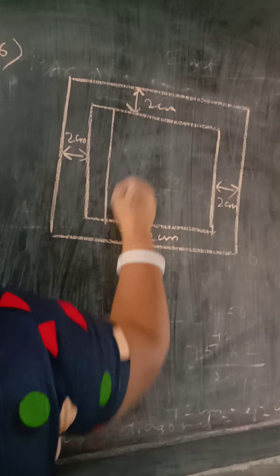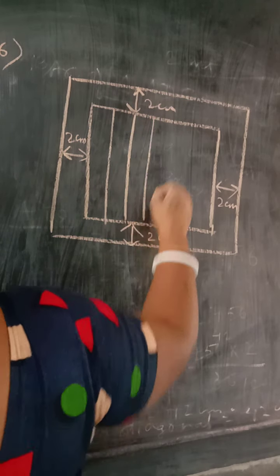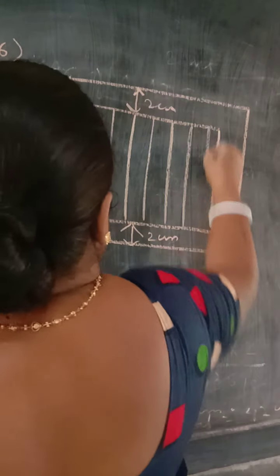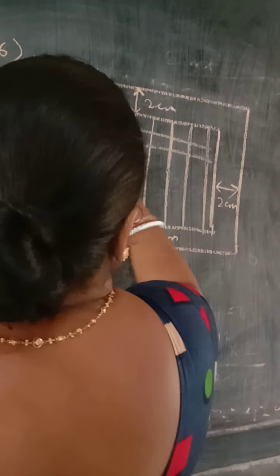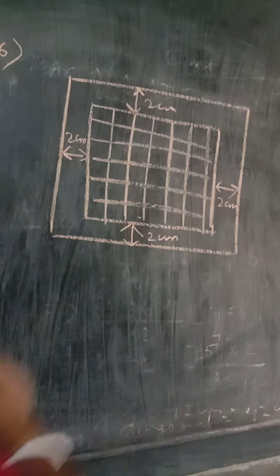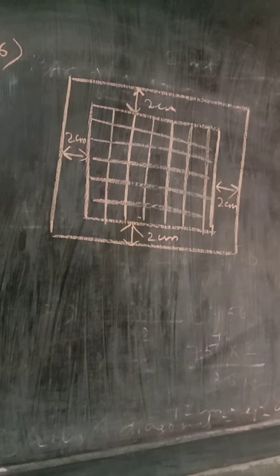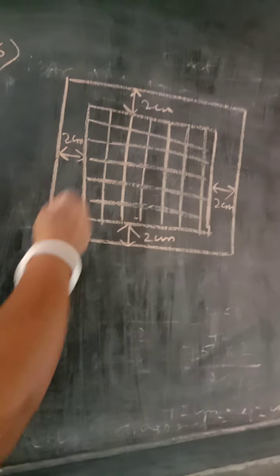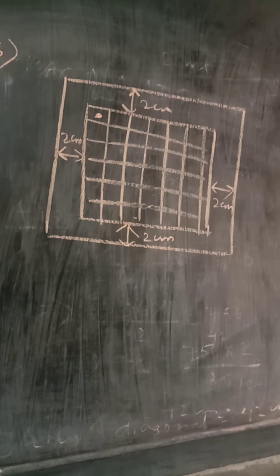Now this is covered with the squares this way. There are 64 squares. Is it? Now area of one square is 6.25 centimeter square. You have to get this side.